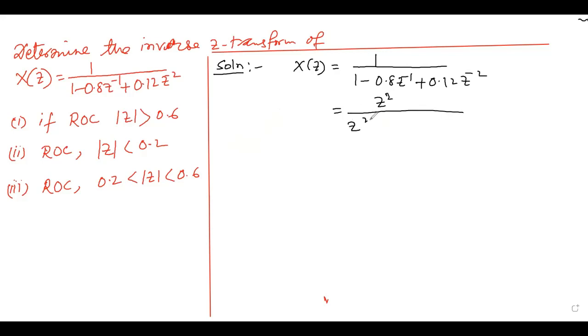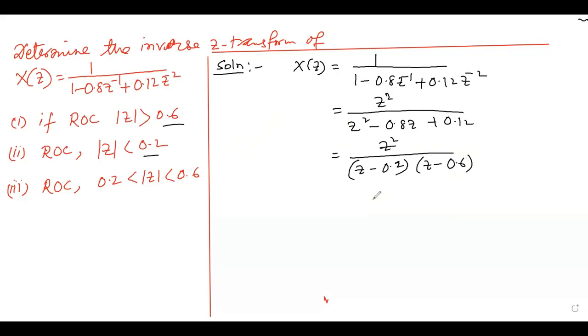This will be z square minus 0.8 z plus 0.12. Now we can factorize this. The factors are 0.6 and 0.2, so the middle term factors as z minus 0.2 into z minus 0.6.